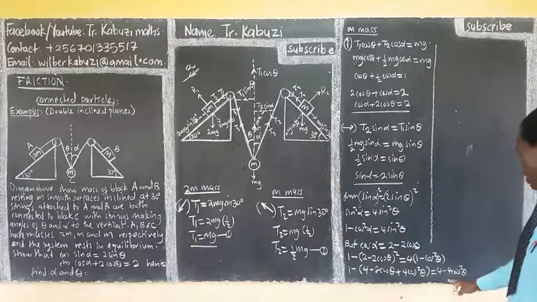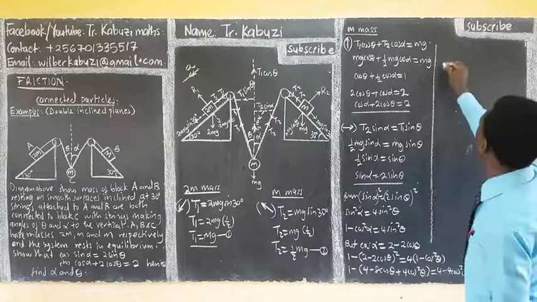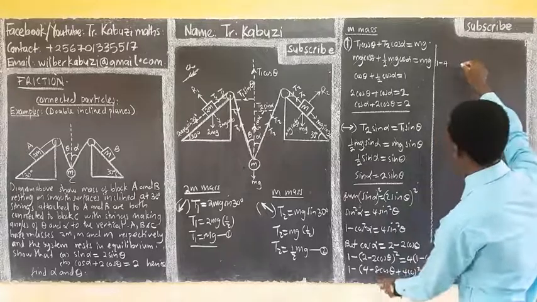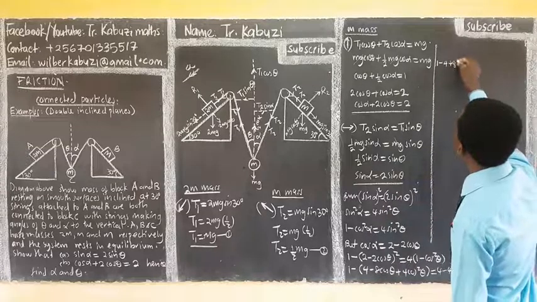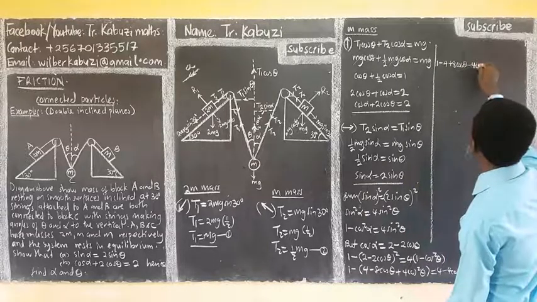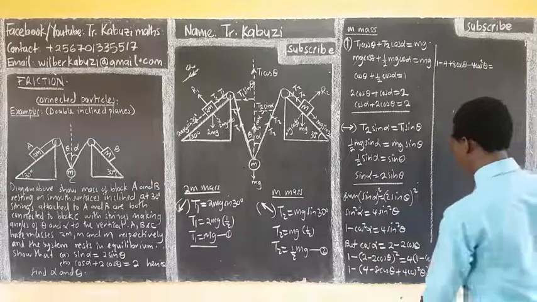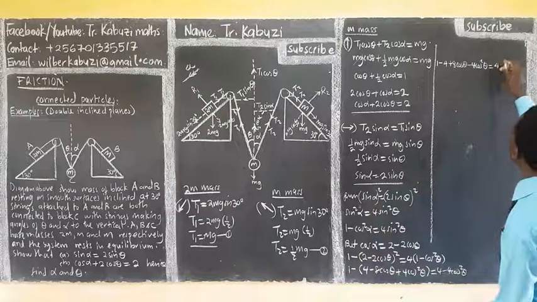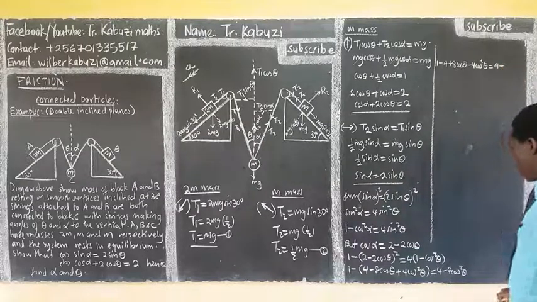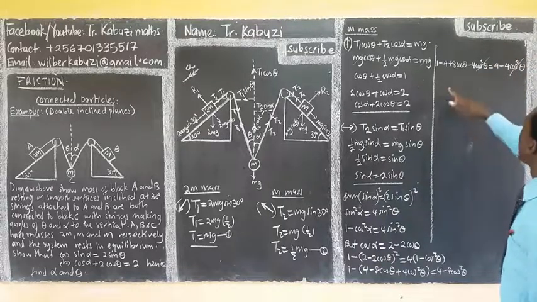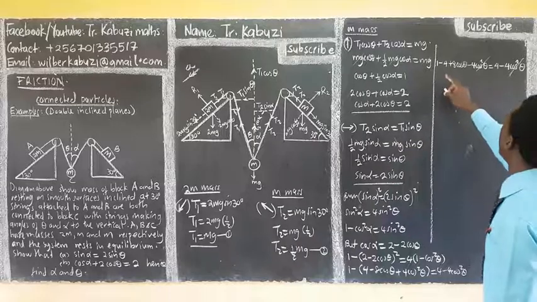So I have 1 minus 4, plus 8 cos theta, minus 4 cos squared theta, equaling 4 minus 4 cos squared theta. So this one is going to cancel, and then this is going to be negative 3.